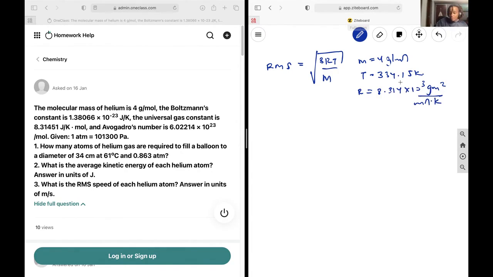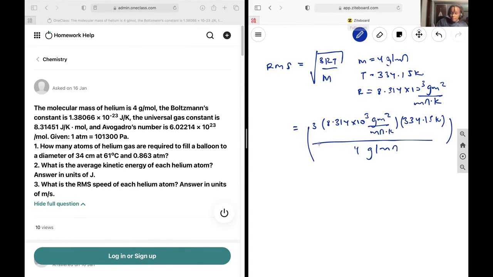I chose this R value for unit consistency. And so now I just plug in all of that. So it's 3 by 8.314 by 10 to the 3 grams meters squared per mole Kelvin, multiplied by 334.15 Kelvin, all over 4 grams per mole. And I'm going to take the square root of all of this.